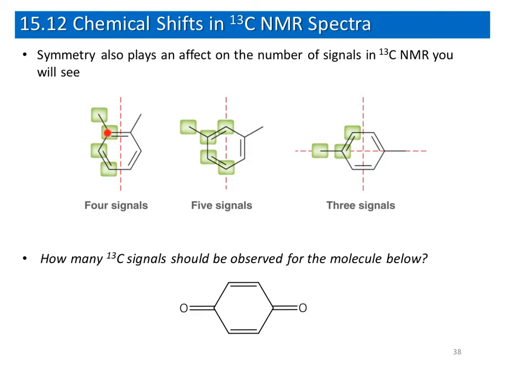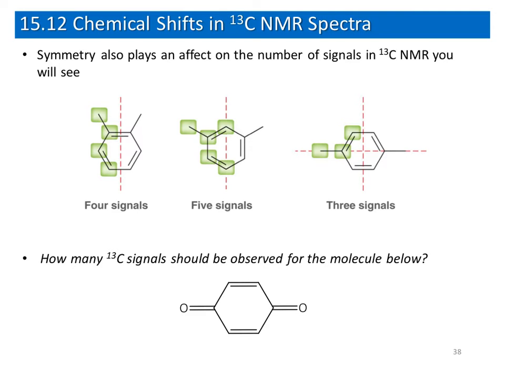This carbon is the same as this carbon. Both of them are connected to methyl, so they have the same chemical environment. This carbon is also exactly the same as this one. They are 2 carbons away from the methyl group, both of them. So we are going to see the same signal for them. And these carbons at the bottom are also the same. So overall, we are going to see 1, 2, 3, 4 signals for this molecule.